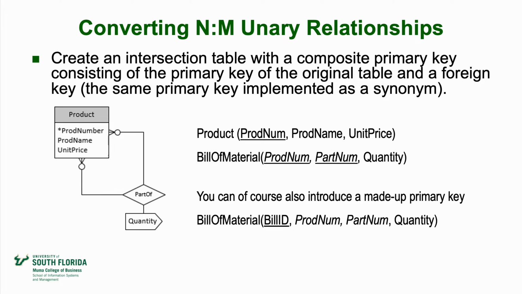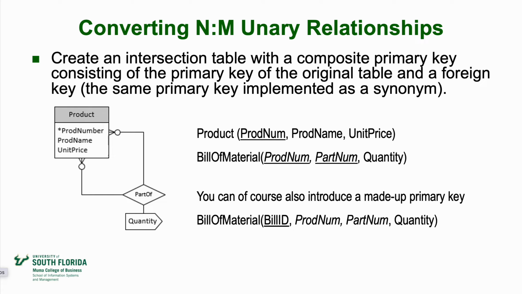The conversion of many-to-many unary relationships is a combination of the conversion of many-to-many relationships and the conversion of a unary relationship. As with a many-to-many binary relationship, we introduce an intersection entity, but we use the primary key of the entity and a copy of that key in the intersection entity, as well as any other intersection data that may have been associated with the relationship.